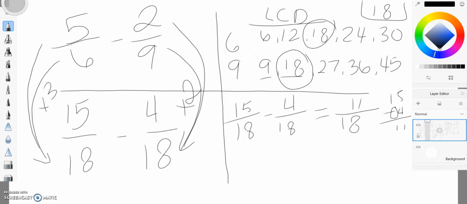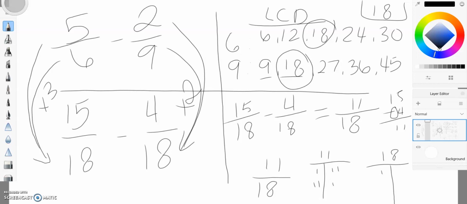Can this be reduced? 11 over 18? Well, actually, no, it can't. If you were to look at the multiples for 11 and 18, which is what we would do in class, multiples for 11 would be 1 times 11 and 11 times 1.